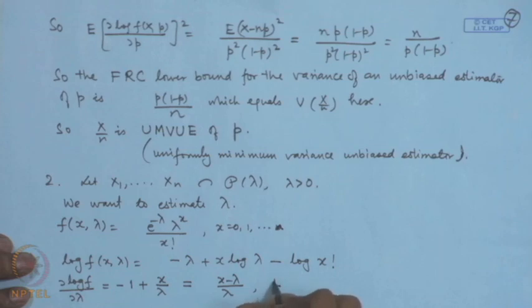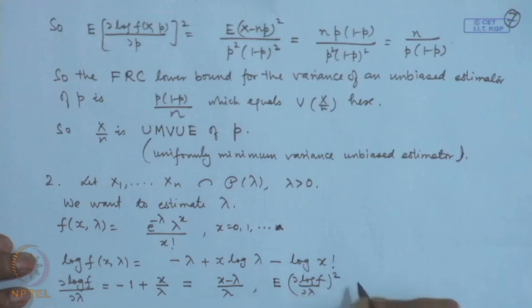So, the expectation of (del log f by del lambda) square will be equal to the expectation of (x minus lambda) square by lambda square. Now, in the Poisson distribution, the expectation of X is lambda, therefore this is nothing but the variance, which is also lambda. So, this is lambda by lambda square, that is equal to 1 by lambda.